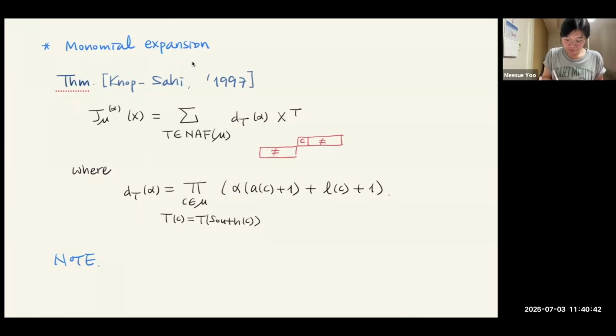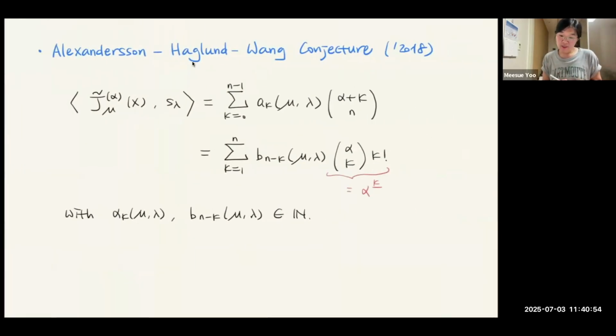The Schur coefficients are not positive. But what Alexandersson, Haglund, and Wang observed in 2018 was that even though they are not Schur positive, if you consider the alpha binomial coefficients of these Jack polynomials, then the coefficients are positive.